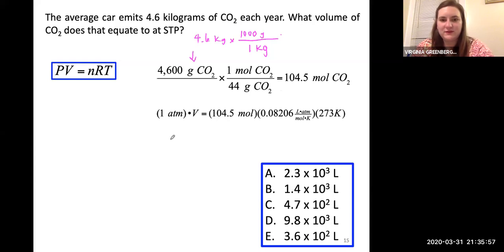And then we can use PV equals nRT to solve for the volume. Part of that requires recognizing that STP corresponds to 1 atm pressure and 273 Kelvin, or 0 degrees Celsius.